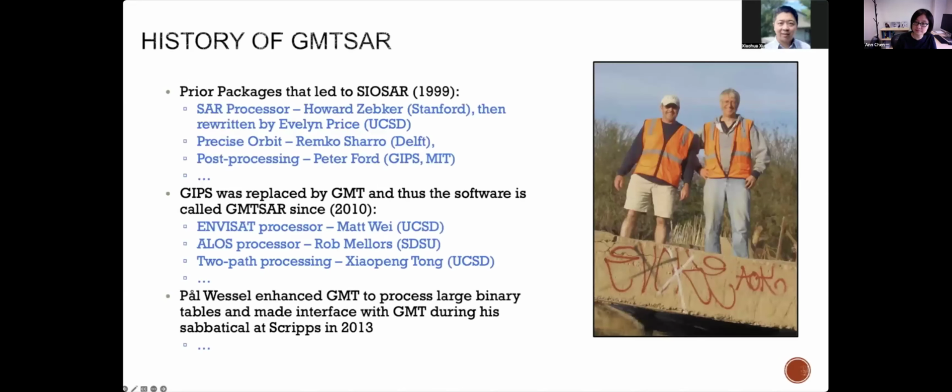So around the year 2000, David Sandwell started to put together a series of packages in order to process SAR data. That includes a SAR processor from Howard Zebker, which was rewritten by Evelyn Price later on, and also the precise orbit modules from Remco Scharroo from Delft University. And also the post-processing part was dealt with by the GIB software developed at MIT.